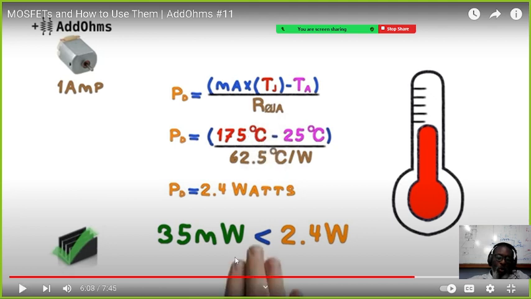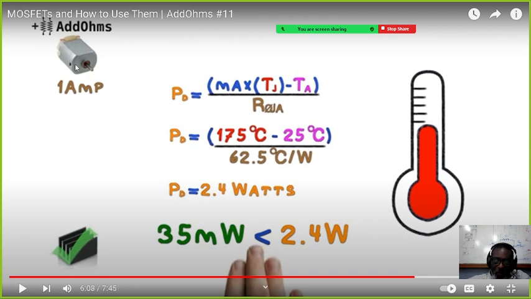Suppose we're using 2 amps. How much would the wattage be? Suppose the motor was using 10 amps. You have to square it.